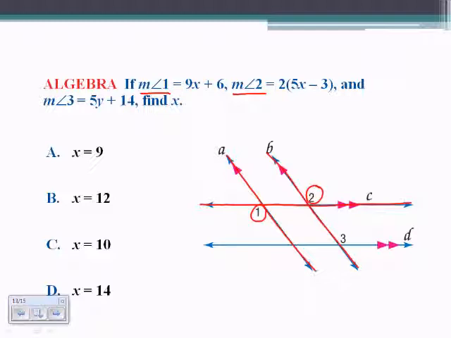So solving, we would have 9x plus 6 is equal to 10x minus 6 after we distribute here. We subtract 9x on both sides, and after we add 6, x is equal to 12. So solving through, x is equal to 12.